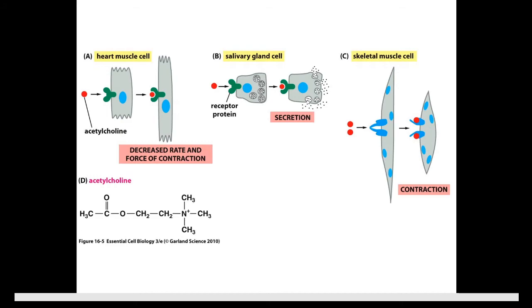Muscle contraction happens in muscle cells by channel opening and closing, but in heart cells it happens through the acetylcholine receptor.